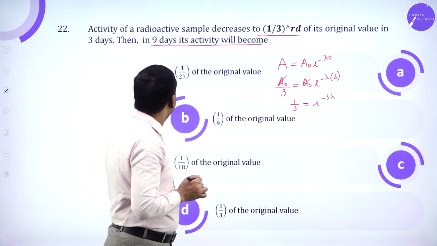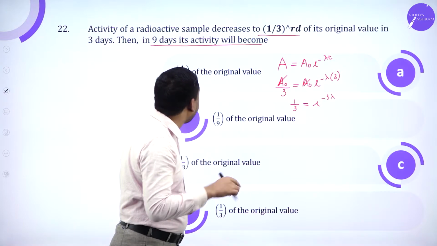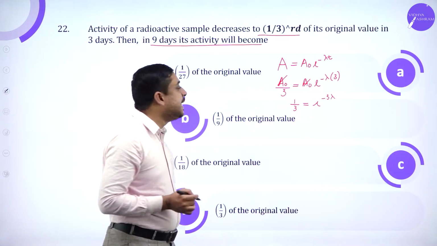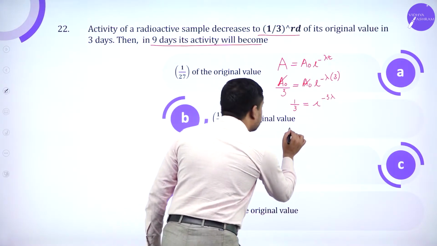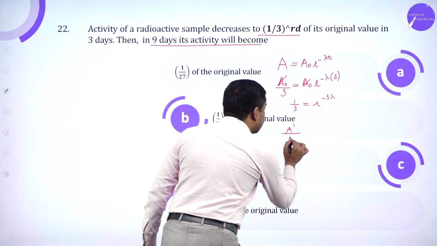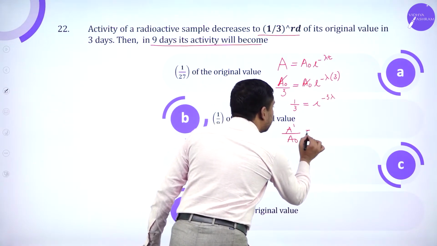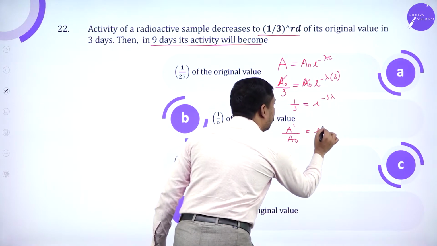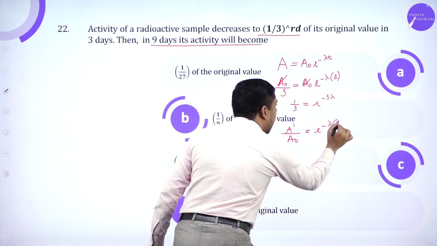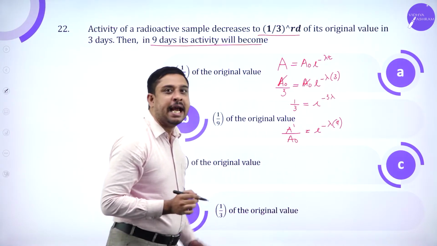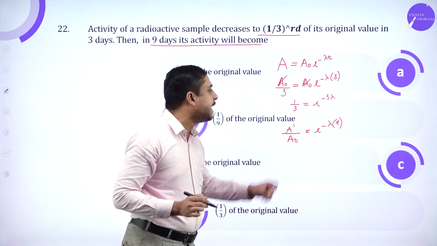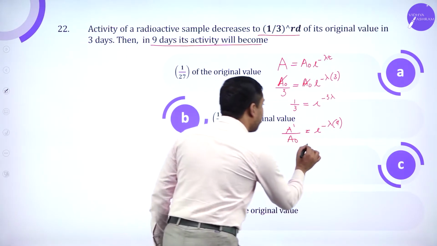Now, what will be the activity in 9 days? Suppose I say A dash by A naught, this is e to the power minus lambda into 9. I want activity in 9 days.